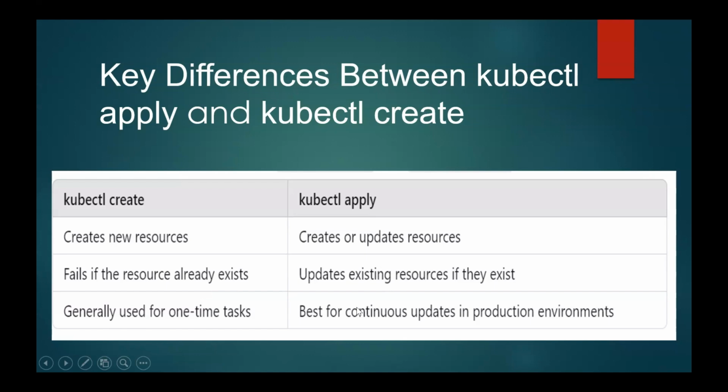So if you are using CI/CD pipelines, or you are doing multiple deployment upgrades in your Kubernetes cluster, kubectl apply is the command which you should be using to deploy your manifest file or any file which you want to deploy in Kubernetes. For the first time, you can use the kubectl create command to deploy your resources in Kubernetes.